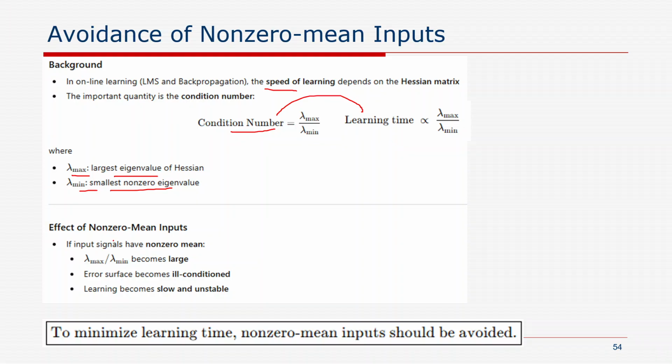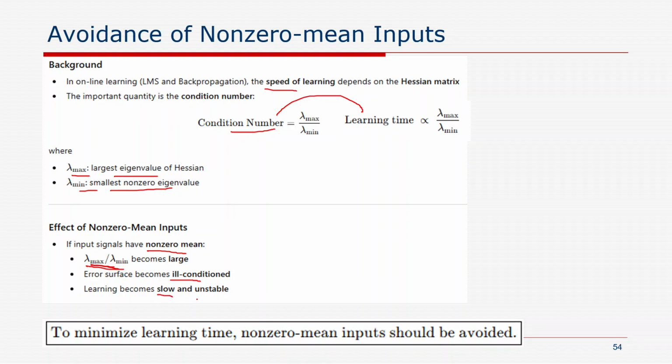The effect of non-zero mean inputs is, if the input signals have non-zero mean, this ratio is going to become large. That is, learning time is proportional to this ratio. The error surface will become ill-conditioned. Learning becomes slow and unstable.